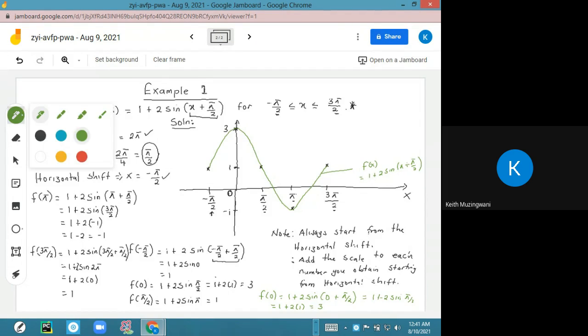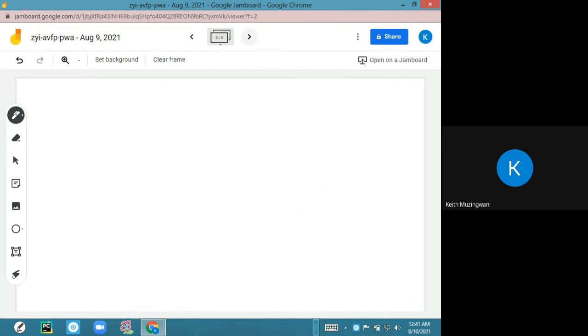Example 2. Example 2, f of x is equal to, so example 2 we are still sketching.